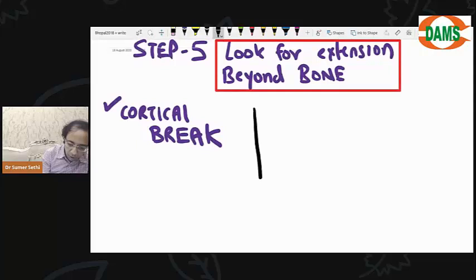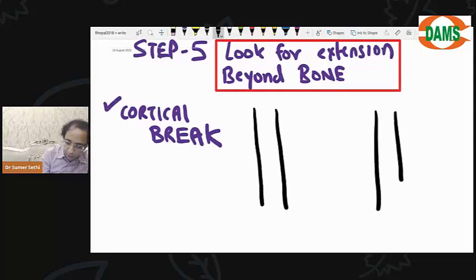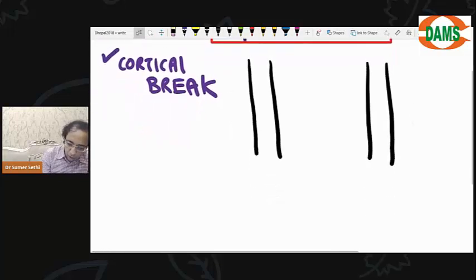Okay, now suppose this is a bone, this is another patient, and this is the bone. Suppose in the bone you have some disease. If it is an aggressive malignant process, it will break the bone and destroy the bone.